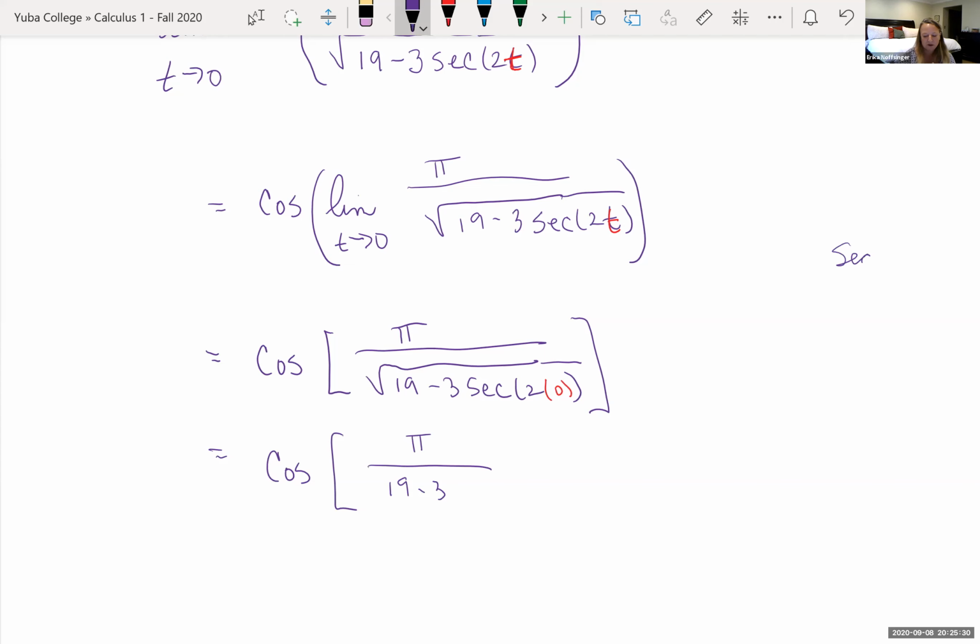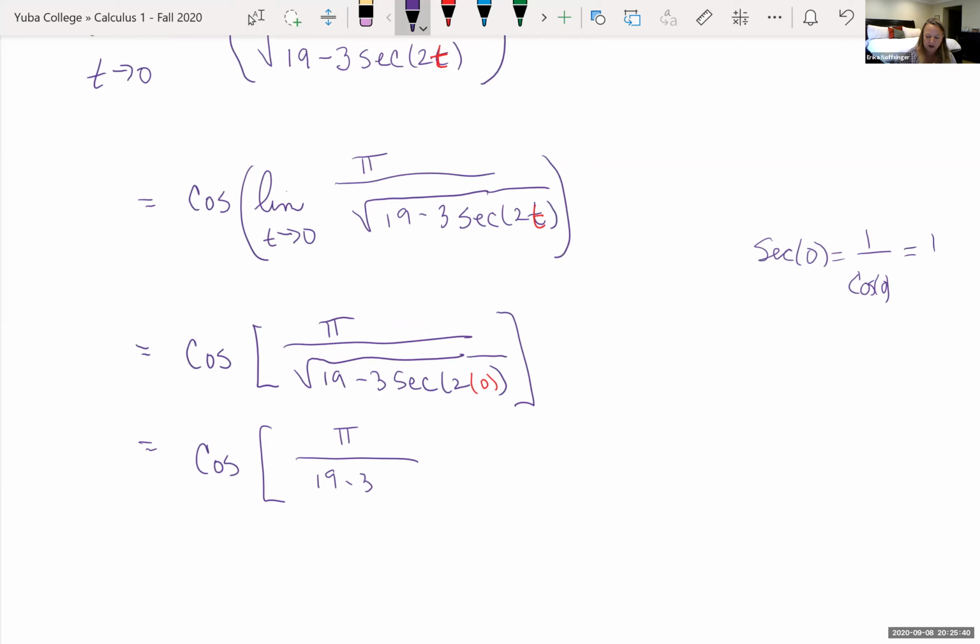Remember, secant can be rewritten as cosine. This is 1 over cosine of 0. Cosine of 0 is 1, so 1 over 1 is 1. So 3 times 1, and underneath the square root is 19 minus 3 times 1.